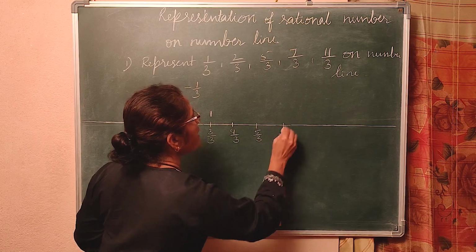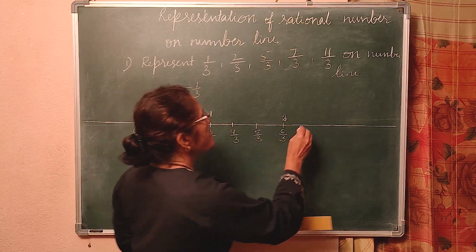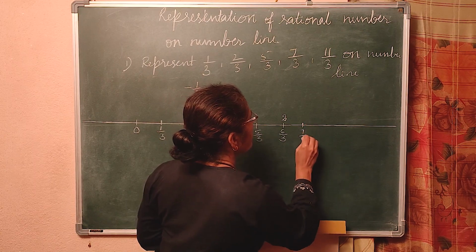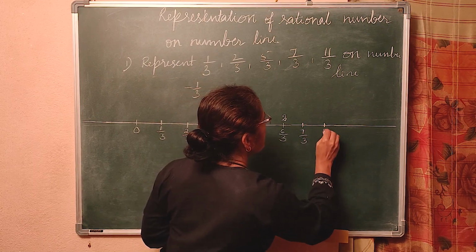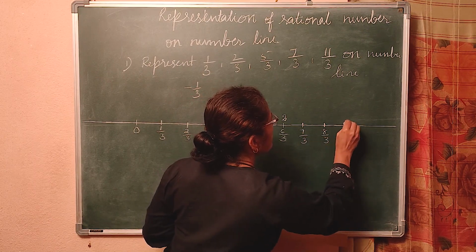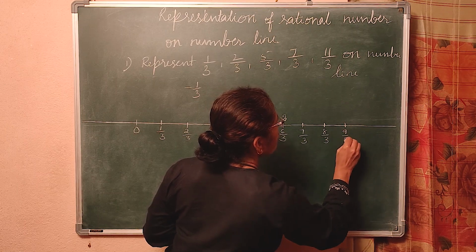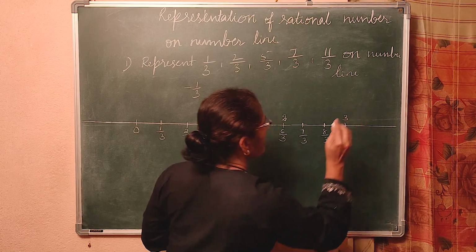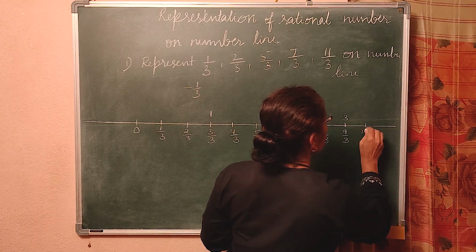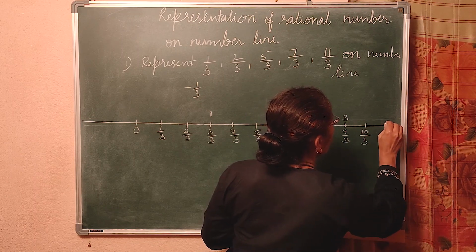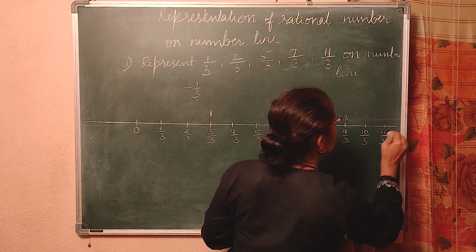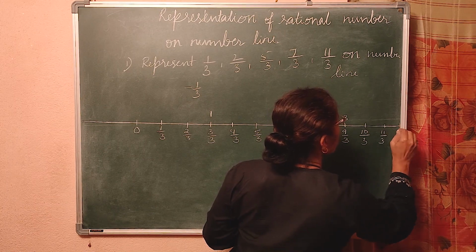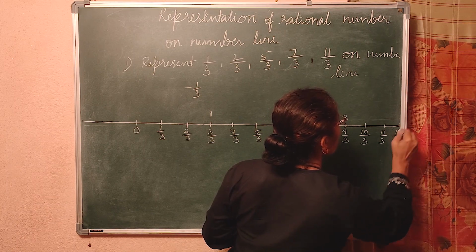What is 6 by 3? 2. 7 by 3, 8 by 3, 9 by 3. What is 9 by 3? 3. 10 by 3, 11 by 3, and 12 by 3. What is 12 by 3?